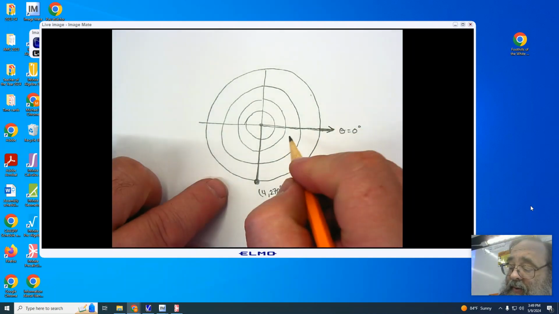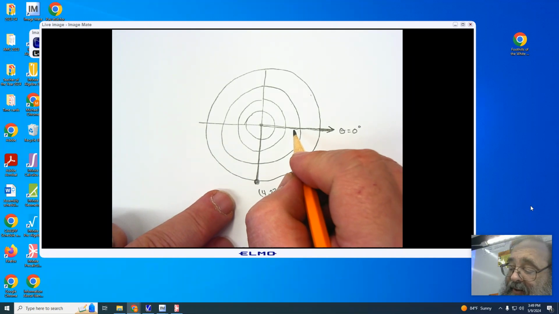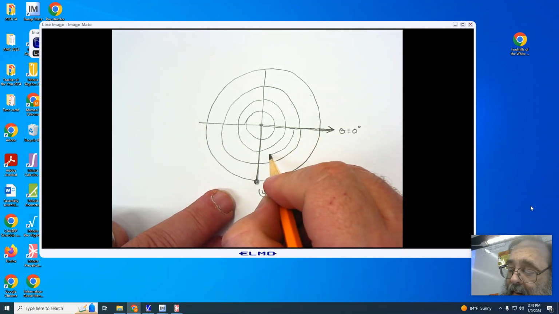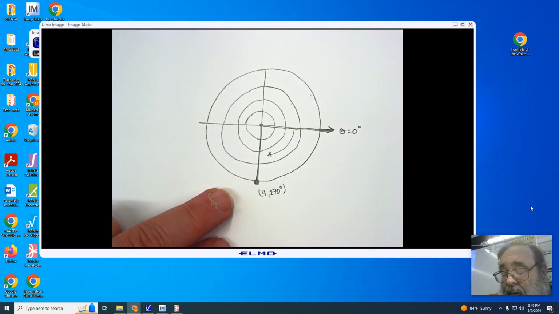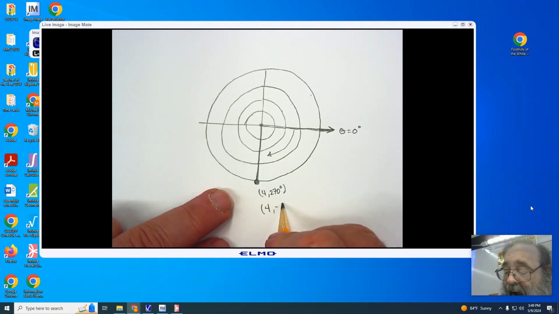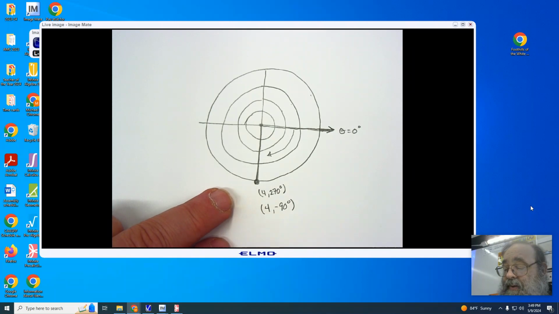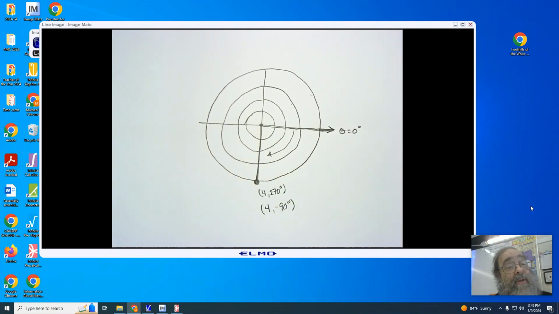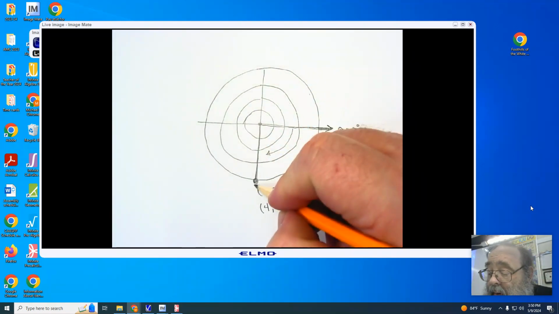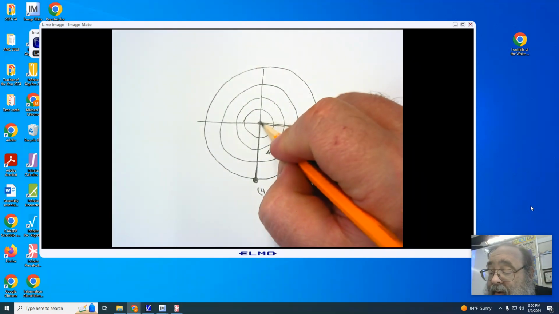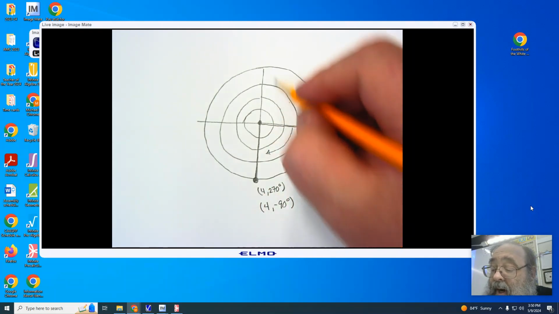But I can also get to this exact same point by going clockwise. If I go clockwise, I have a length of 4 having traveled negative 90 degrees. So here's another of our possibilities. Let's keep going. If we reflect through the pole, it becomes an opposite radius.